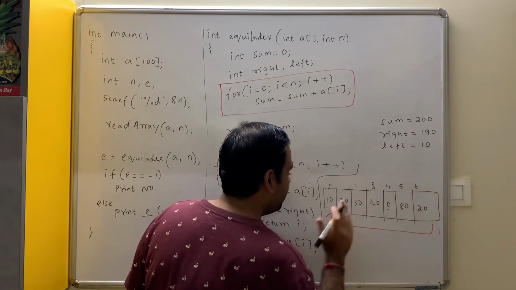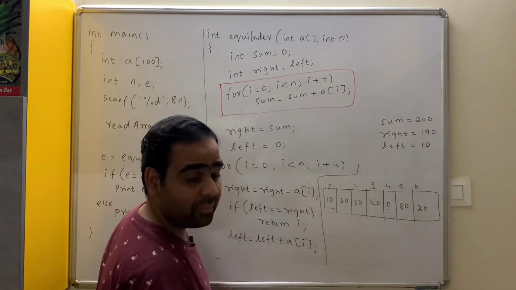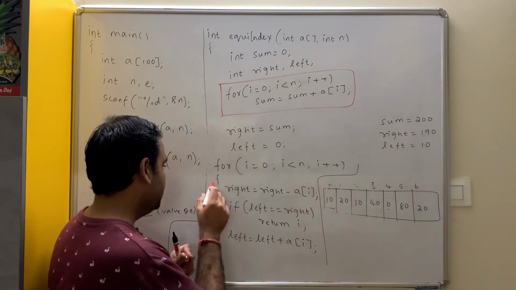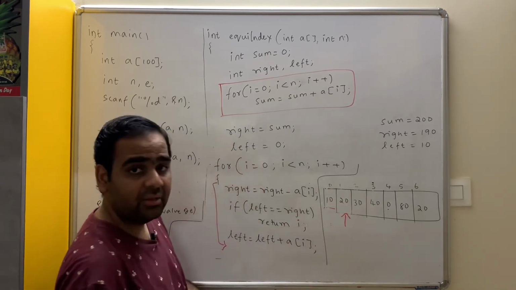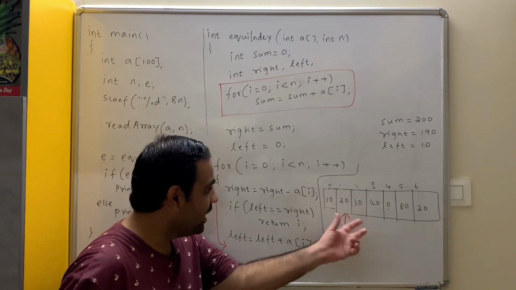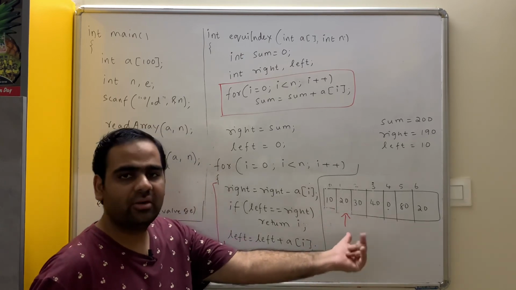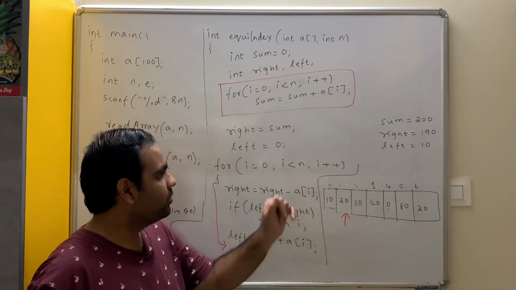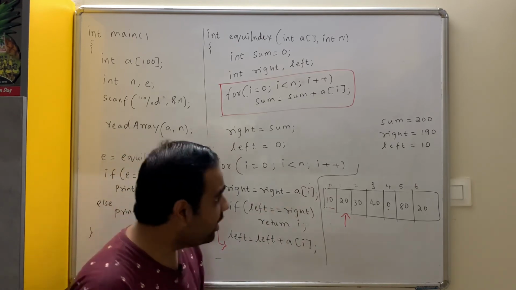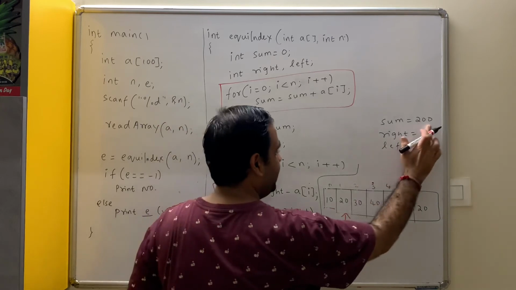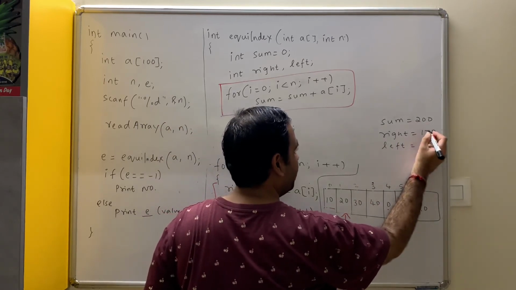That means I am computing this for index 1, the advanced computation for index 1. Now at index 1, the LHS sum is 10 and I need to compute the RHS sum, which I am going to do now. I is 1. Right minus a of 1. Now what is right? 190 minus 20 is 170.